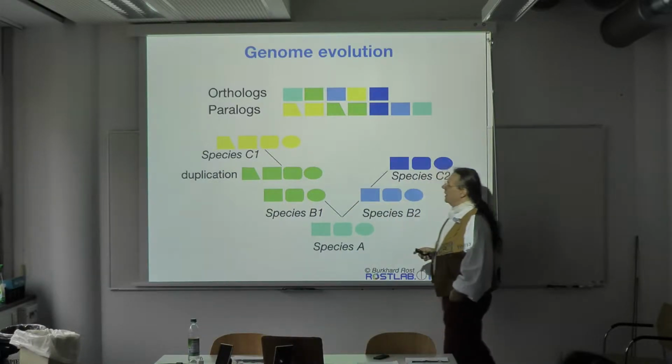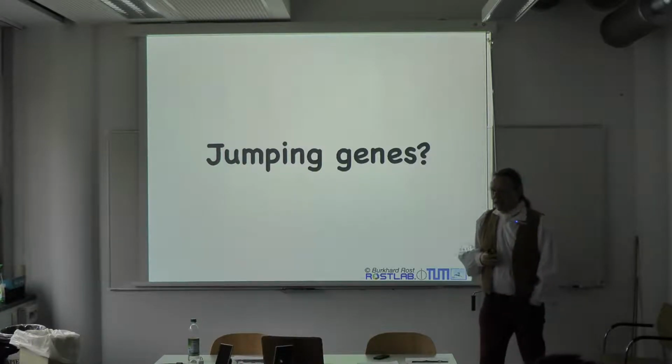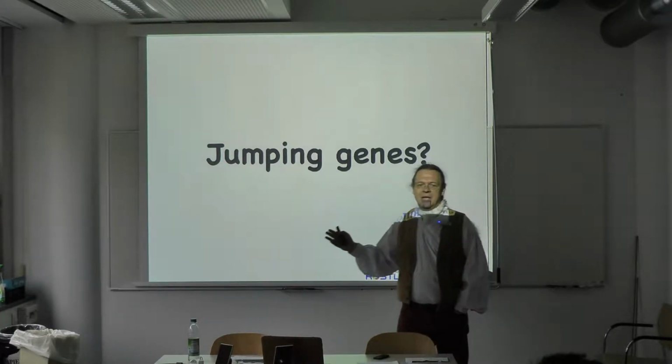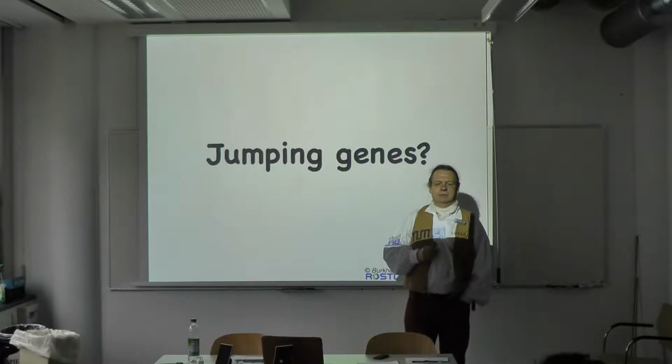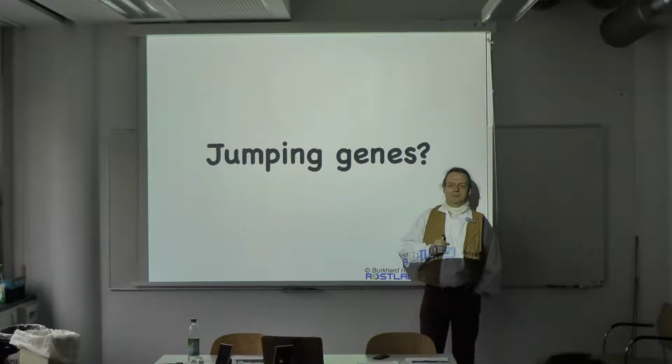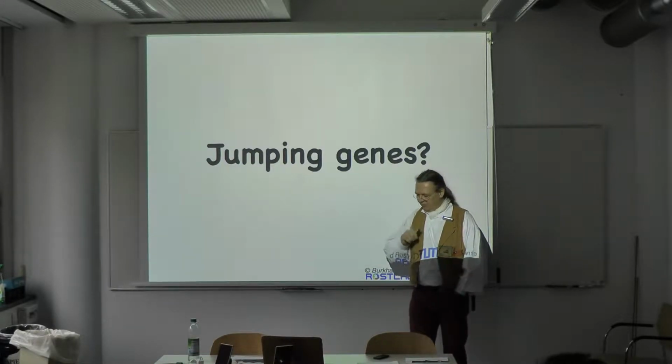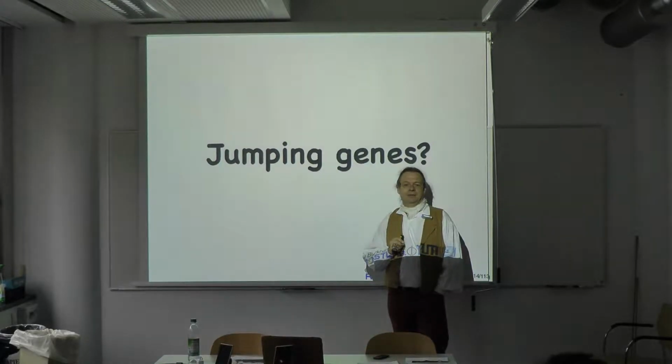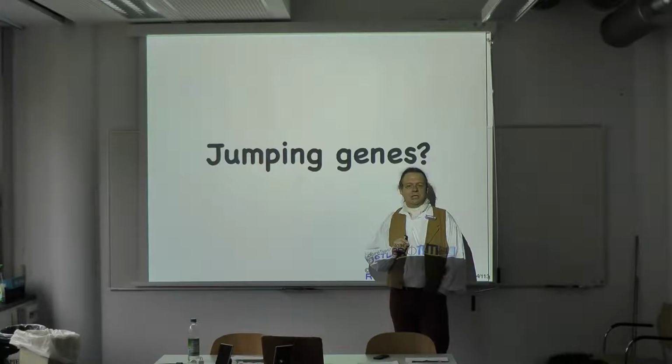Now, if somebody came on April 1st with a jumping gene to you, then you would say, so jumping genes, right? They jump from here to there. Okay. So I have seen the jumping gene.